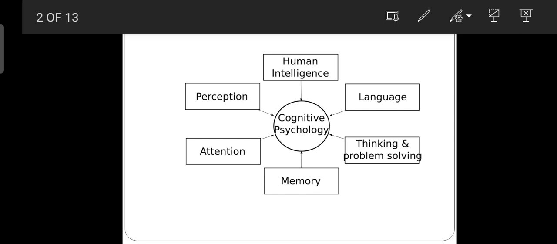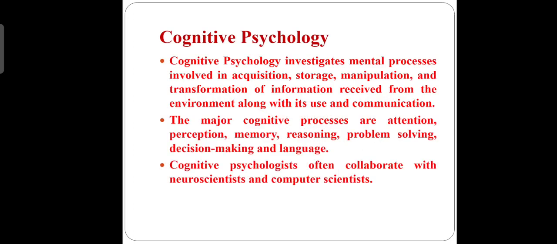And in the picture, you see various topics under cognitive psychology. Cognitive psychology is the study of how people perceive, learn, remember and think about information, and it investigates mental processes involved in acquisition, storage, manipulation and transformation of information received from the environment, along with its use and communication.